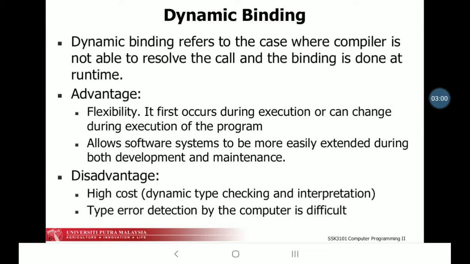So what is dynamic binding? Dynamic binding is a special definition from inheritance and also from polymorphism, where it explains how a compiler can resolve the invocations of methods, the call of the methods, and the binding, which is basically done during the runtime.